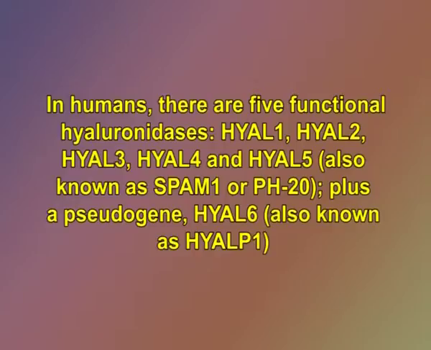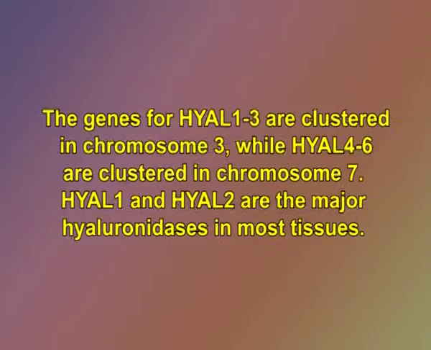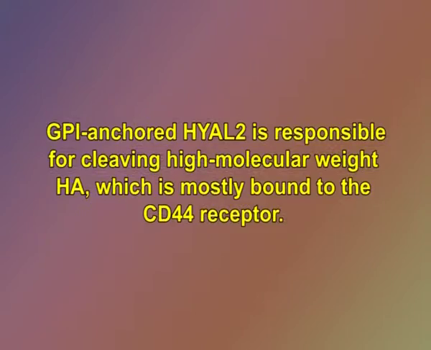The genes for HYAL1 to 3 are clustered in chromosome 3, while HYAL4 to 6 are clustered in chromosome 7. HYAL1 and HYAL2 are the major hyaluronidases in most tissues. GPI anchored HYAL2 is responsible for cleaving high molecular weight HA, which is mostly bound to the CD44 receptor.